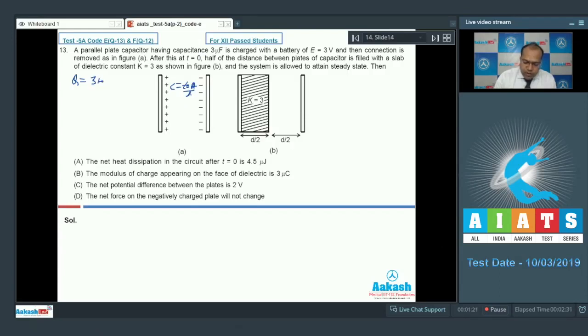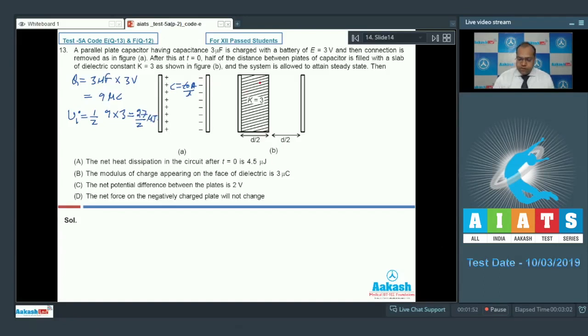So 3 microfarad into potential difference, that is 3 volt, comes out to be 9 microcoulomb. So the initial energy stored is half into Q, that is 9, into V, that is 3. So this comes out to be 27 by 2 microjoule.